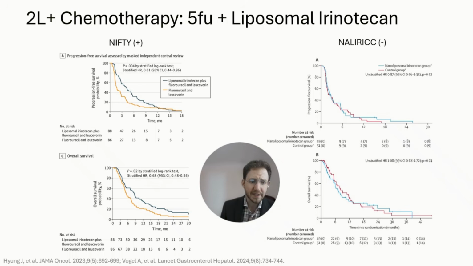So it remains a little bit unclear just how much of a benefit there is to this regimen. I think, practically speaking, if a patient is still good performance status looking to try, I think it's a reasonable option as long as patient expectations are appropriately managed.